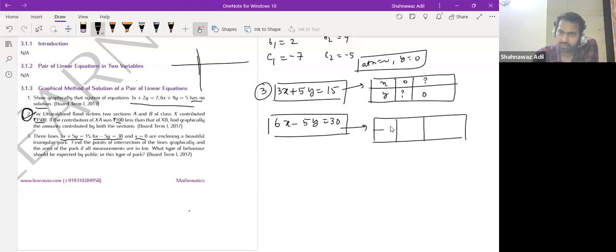Sir, in the first equation if x is 0, then y is 3. Good. And when y is 0, x is 5. Yes. Second equation: x is 0, y is minus 6.